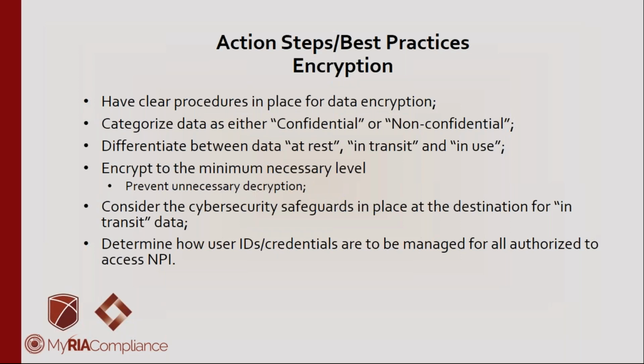This comes more into play with your vendors, maybe you're transmitting data to a third-party money manager. You should have that due diligence in place on what sorts of safeguards they have, because encryption is only as safe as the protocols on either end of that encryption, especially when it's in transit.